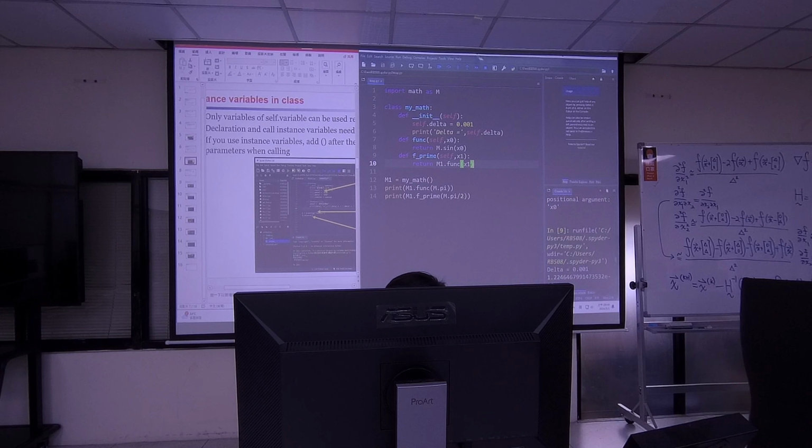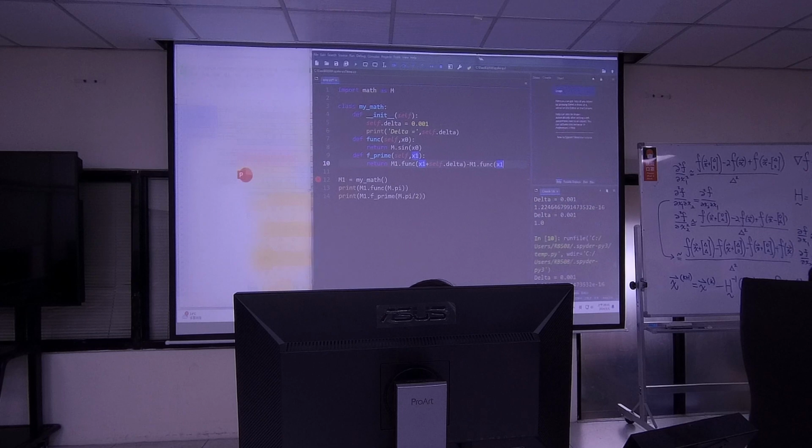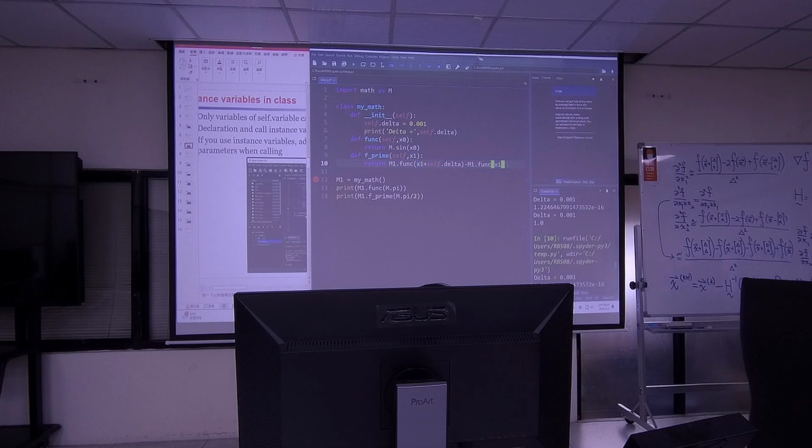What I want to do is add a delta and divide it by this value again, and the whole thing divided by delta. So it's self dot delta.